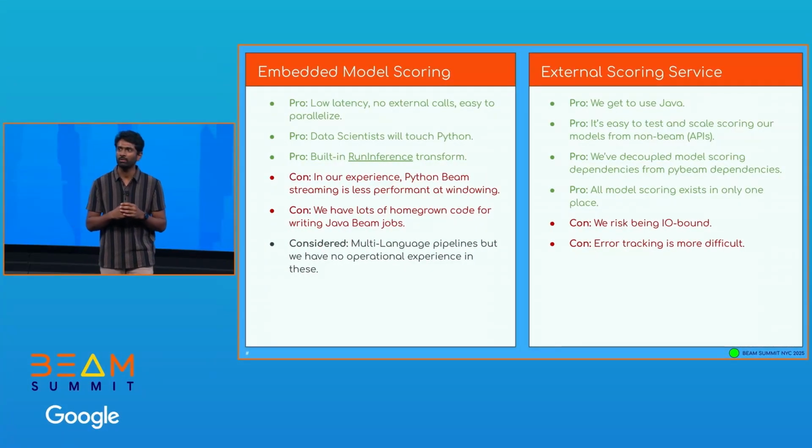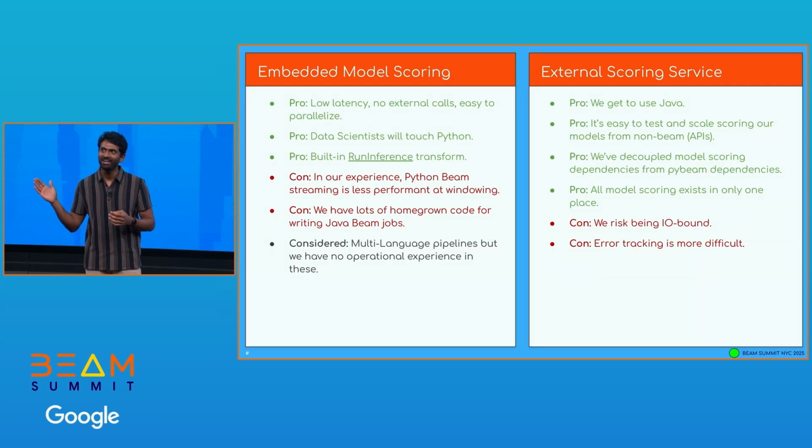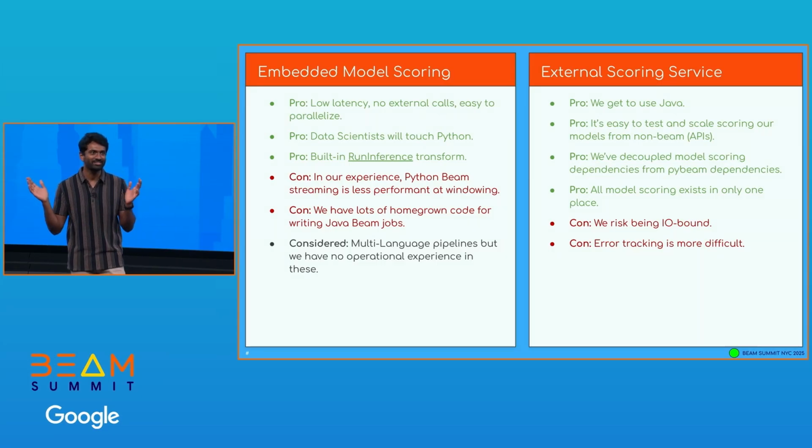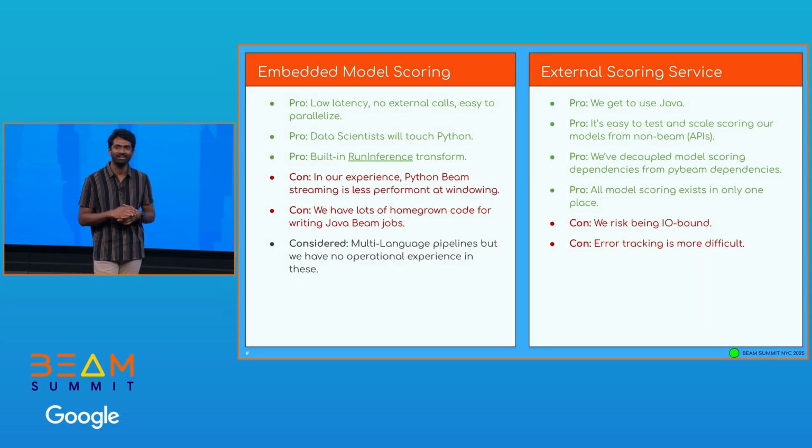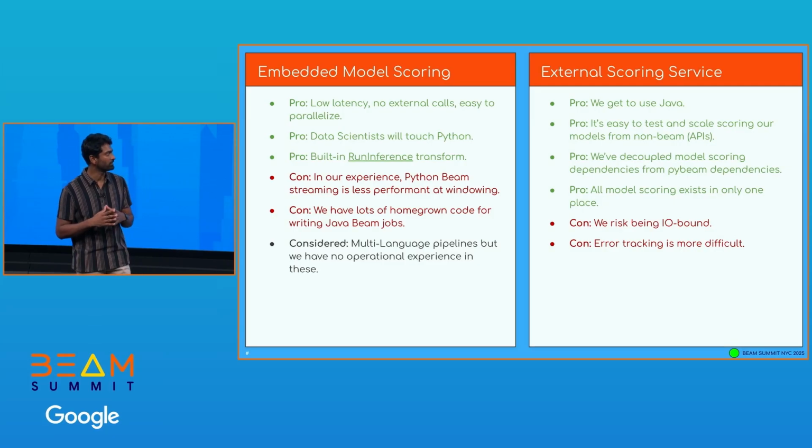We used to be on Python, and for reasons we are not fully sure of, as soon as we moved to Java Beam we had an immense performance gain, so we never wanted to move back to Python. We also don't have the expertise to manage multi-language pipelines, and that was just coming up when we did this work, so we never really opened that door.